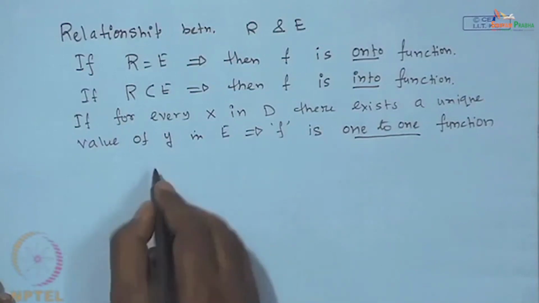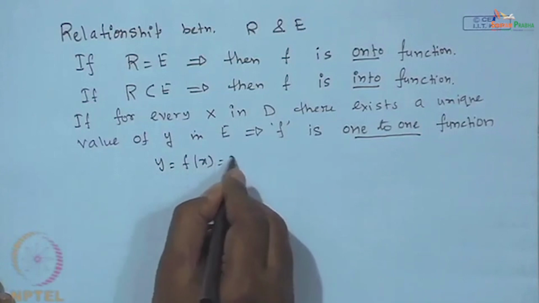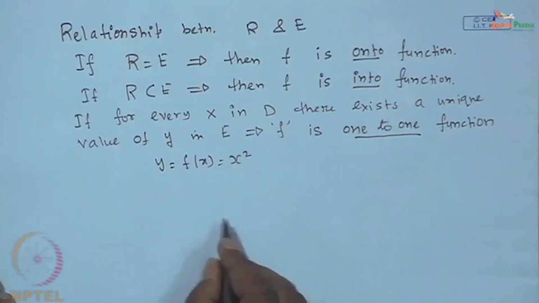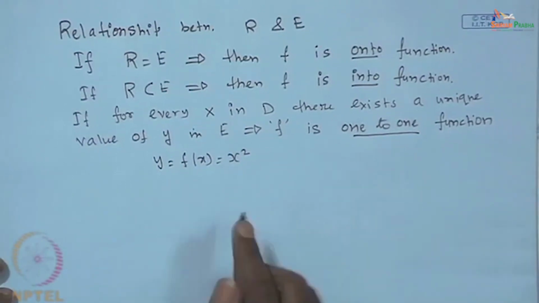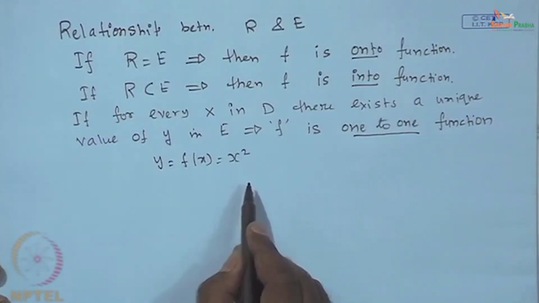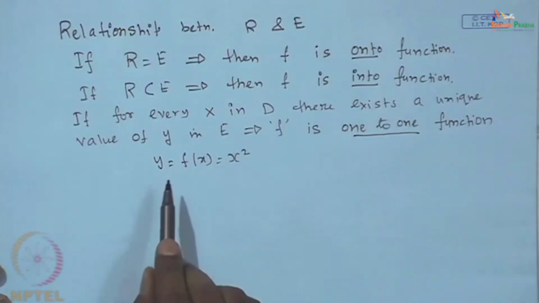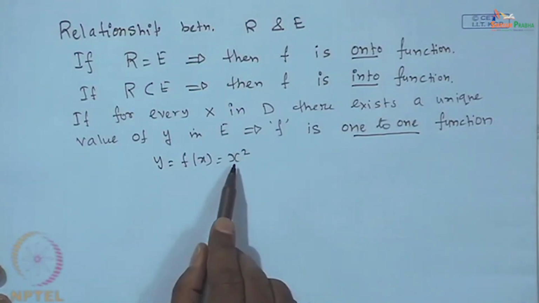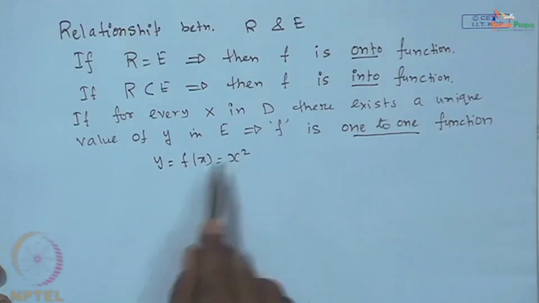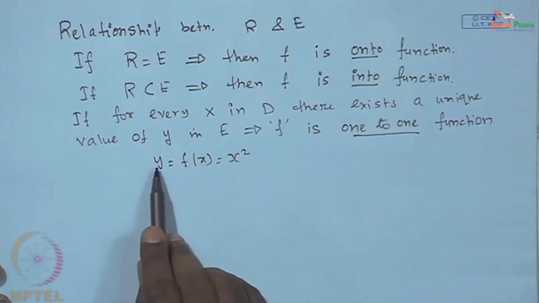That means, if y is equal to f of x is equal to x square, and both x and y lie in the real domain from minus infinity to plus infinity, then we can see that for two values of x, y will be assuming the same value. That means, for x equal to plus 1, y is equal to plus 1; for x equal to minus 1, y is equal to plus 1.